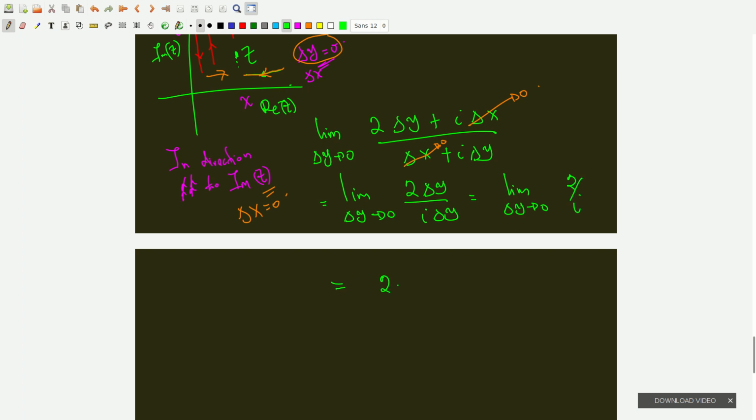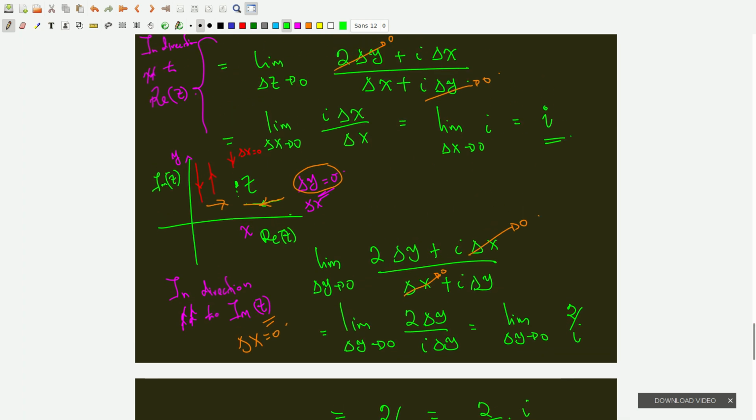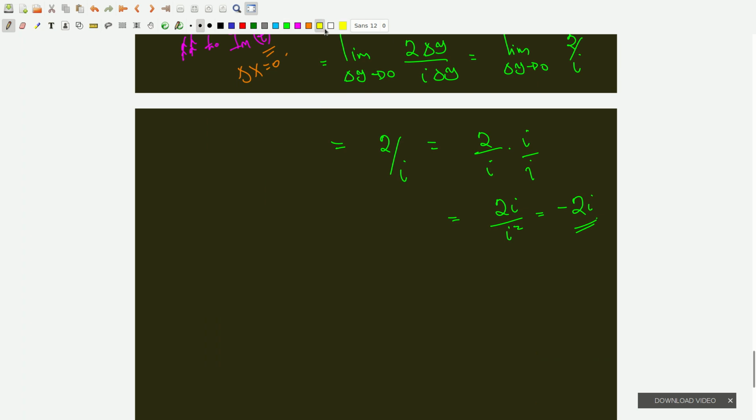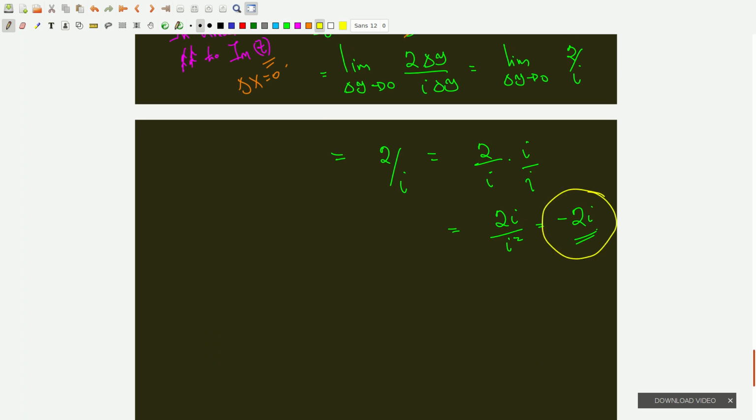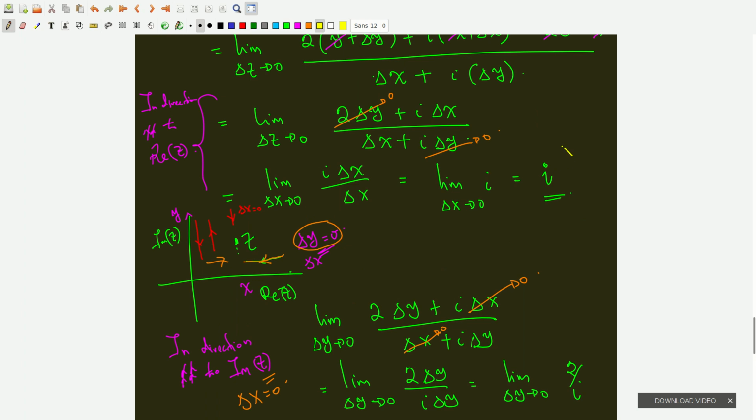We always have to rationalize this, which gives 2i over i squared, which is negative 2i. So as we approach z in a direction parallel to the vertical axis, we get a limit of negative 2i, and if we approach z in the other direction, we have a limit of i.